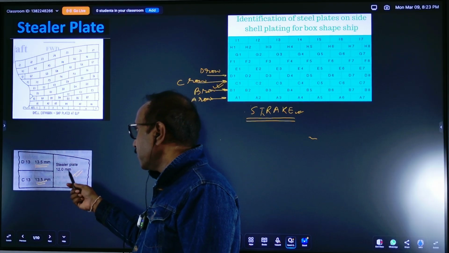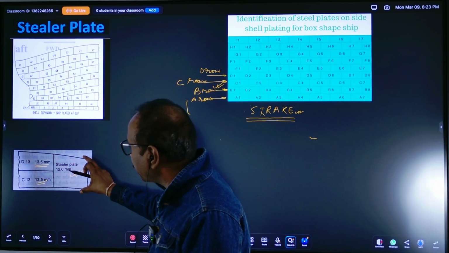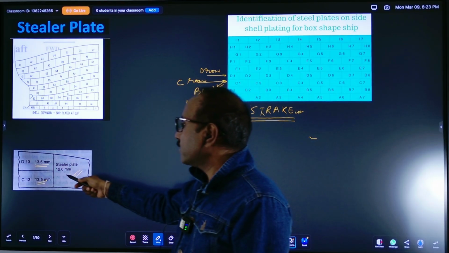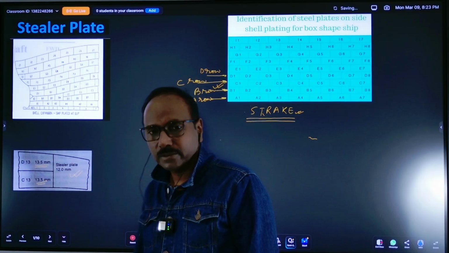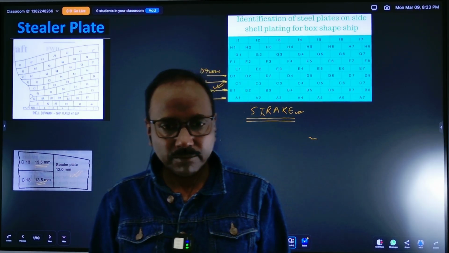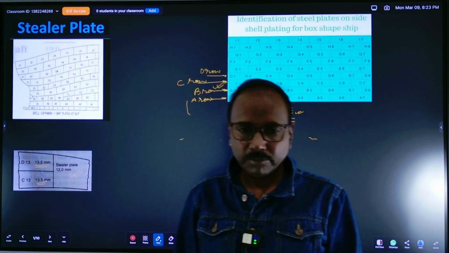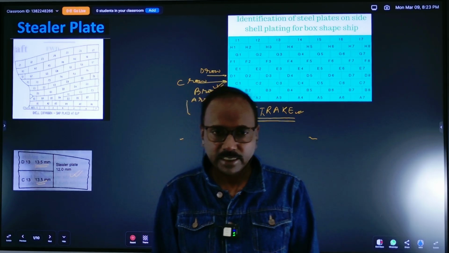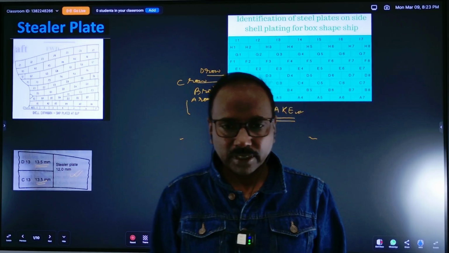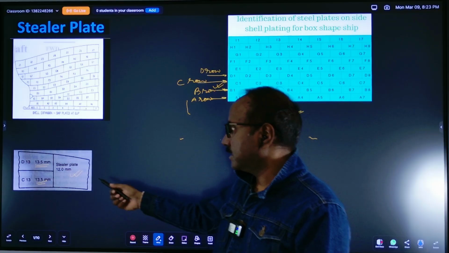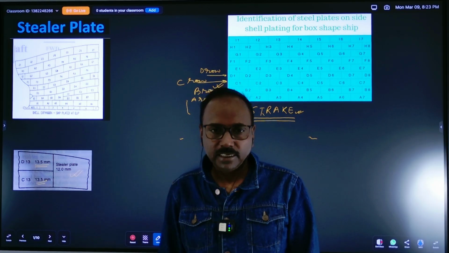You can also notice that since we have increased the width of the plate, the thickness of the steel has reduced to 12 millimeter. So it means by inserting a Stealer plate, you can reduce the ship's weight by reducing the thickness. So wherever it is needed.